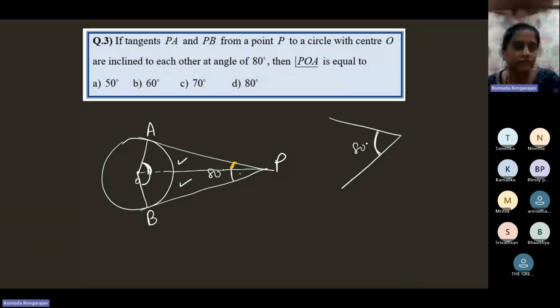See, this is already 90. Now these two angles are equal, because the two triangles are congruent.